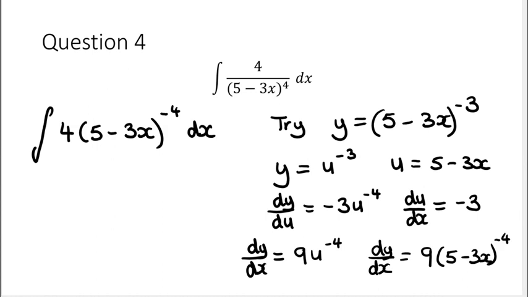Okay, I wanted to end up with a 4 there instead. So to adjust this, all I simply need to do is just multiply this thing that I'm trying here by 4 over 9 instead.